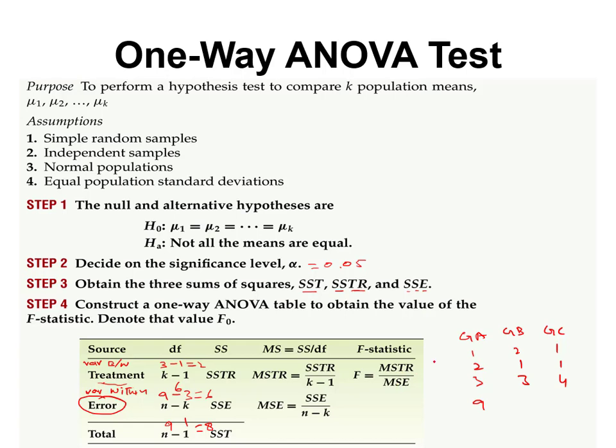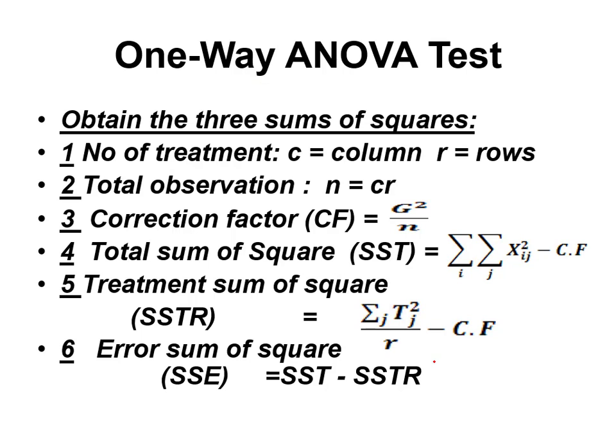Before going to that, I am just going to conduct a very simple example, but before approaching that example, you need to understand these things. So, obtaining the 3 sums of square. Number of treatments: let's suppose groups A, B, and C with 3 observations each.